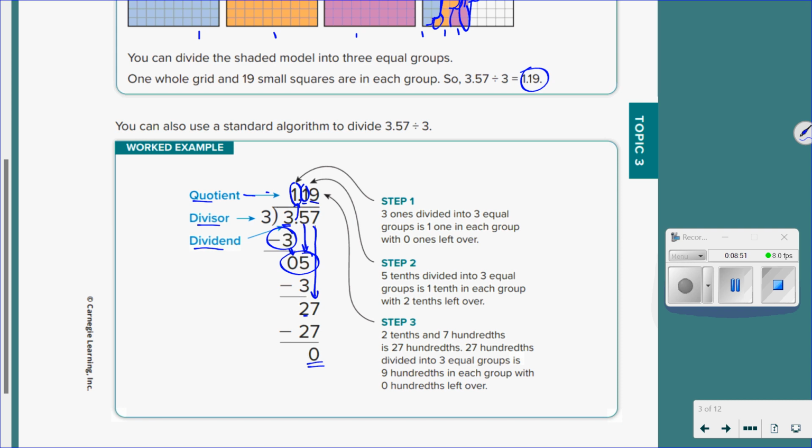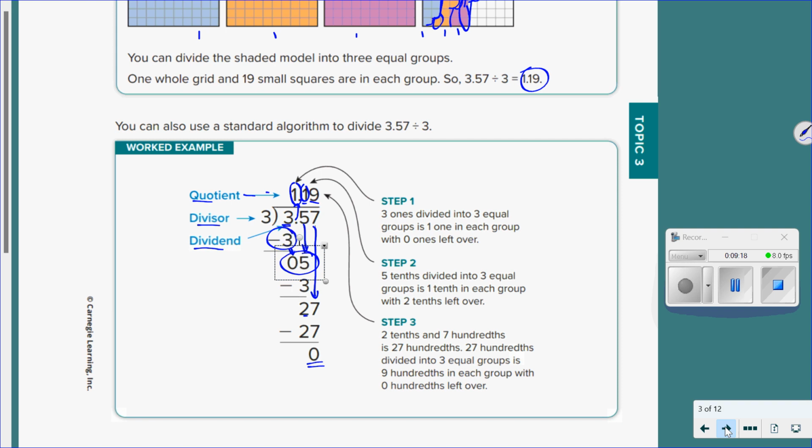The way I like to think of it, I need to look at the next place value. So I'm taking care of the ones, right? I said when I divided the ones, I can divide that into 3 groups, so I need 1 in my quotient. Make sense? But now I have to figure out in the tenths place, how many do I need? So I have to take whatever's left over from the ones place and put in additionally what's in that next place.